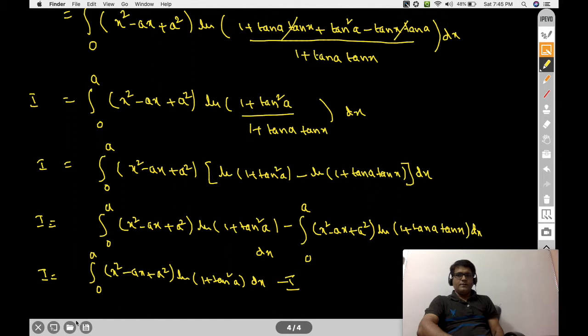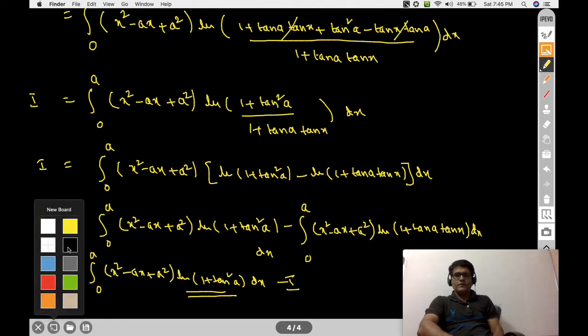So next step: 2I is equal to, anyway your integral variable is x, therefore you can write this ln of 1 plus tan square a outside the integral.